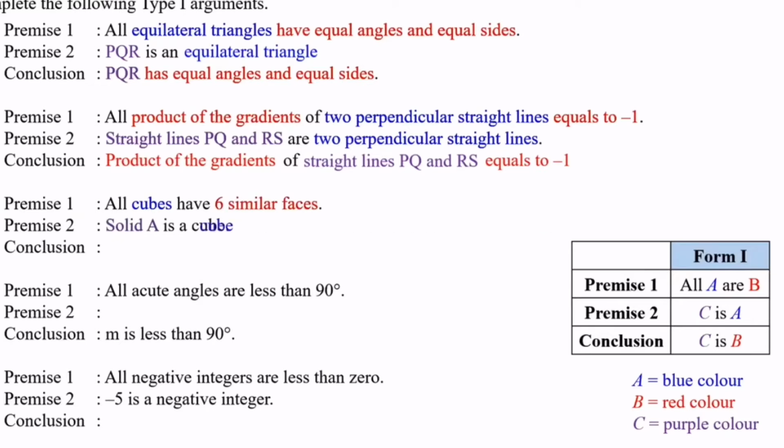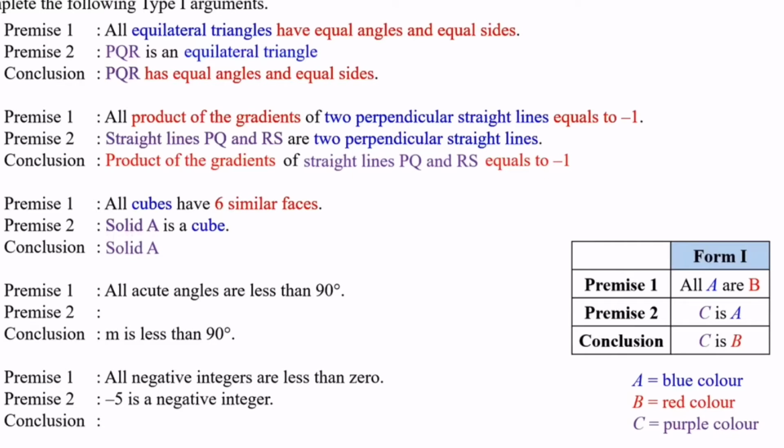Then the conclusion is C is B. So we will write: solid A has 6 similar faces. That's how you form the conclusion using Form 1.